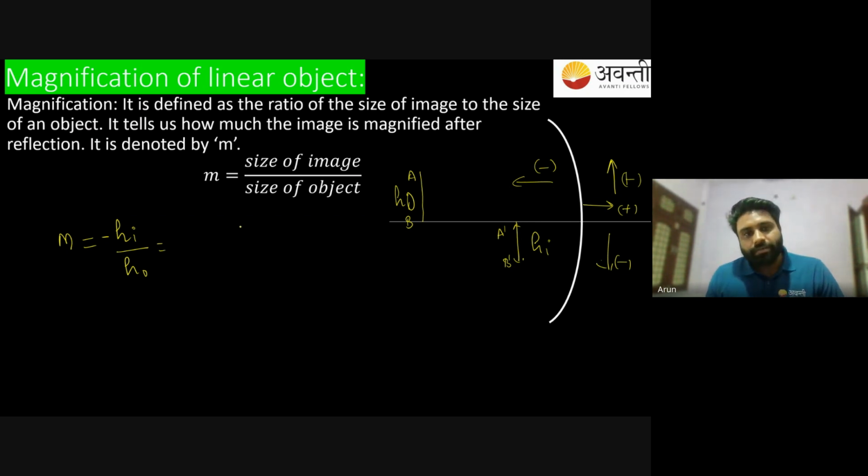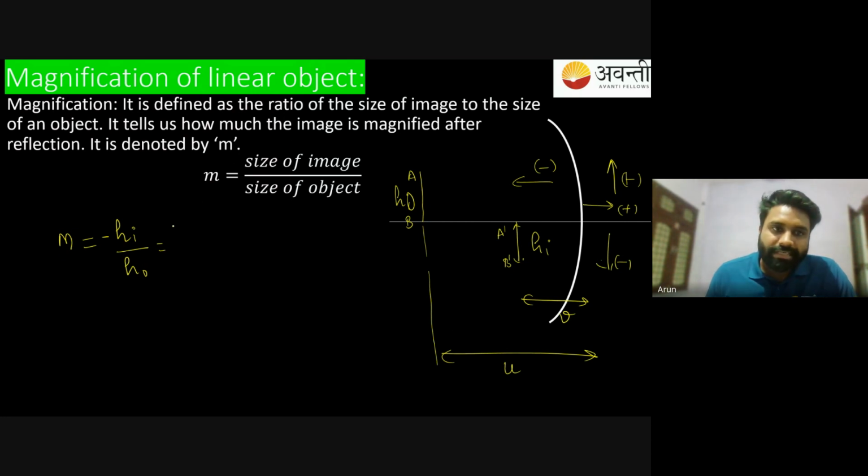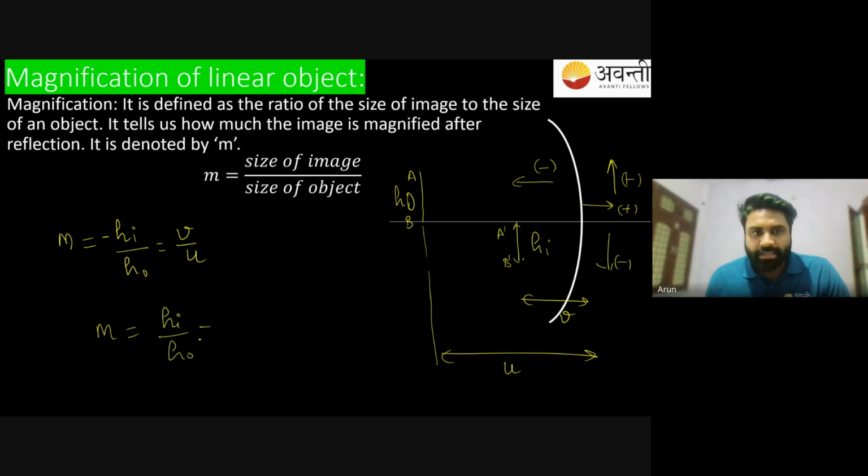This is also equal to the distance of image formed, from the pole it is V, and distance of object here is U. So it is also the ratio of V by U, or we can say that M is equal to height of image by height of object, equal to minus V by U. You can consider V with sign minus, and U will also come in here minus, because both V and U are measured in the direction of reflected rays. So this minus would cancel out. This is the formula that you have.